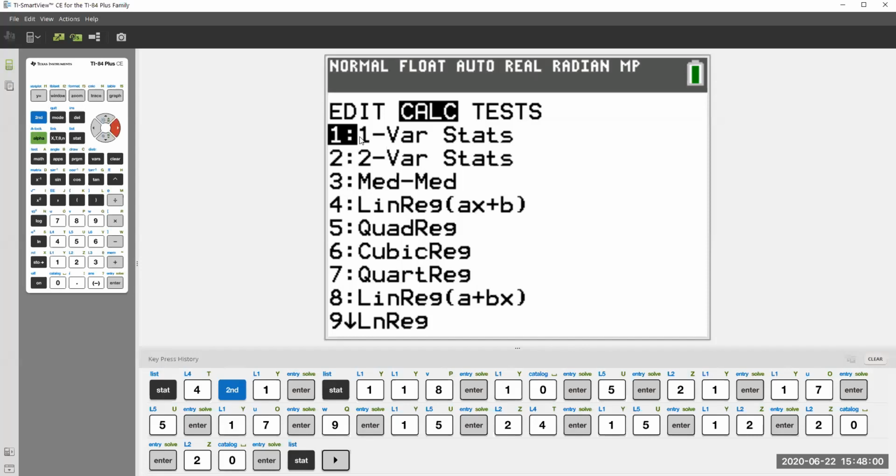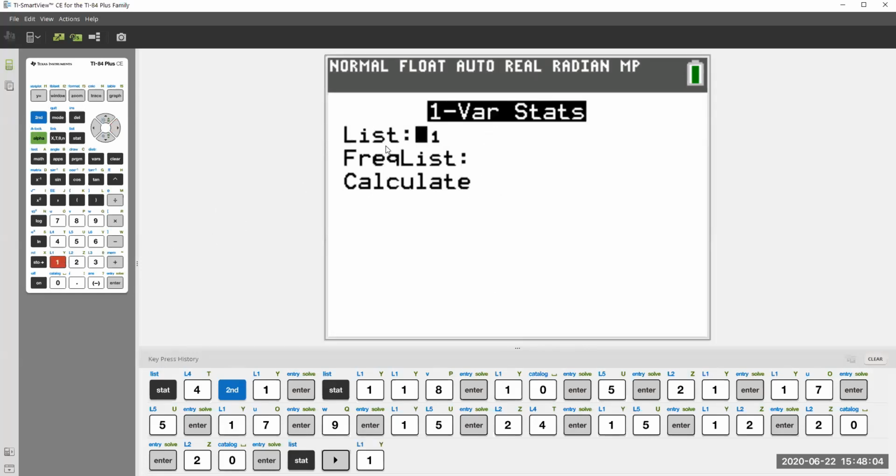So we're going to select 1. And it says here now the list is L1. Frequency list, don't worry about it. There is no frequency here. We have the original set, so keep this blank. And then go ahead and select calculate and then enter.